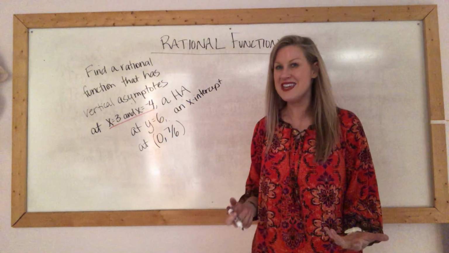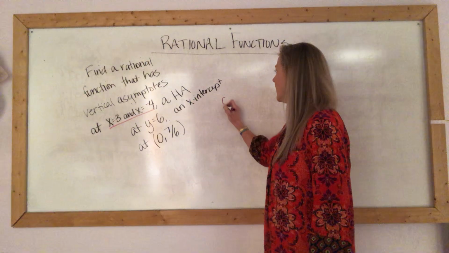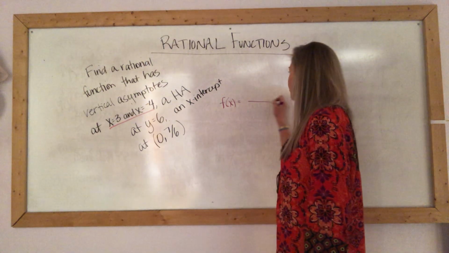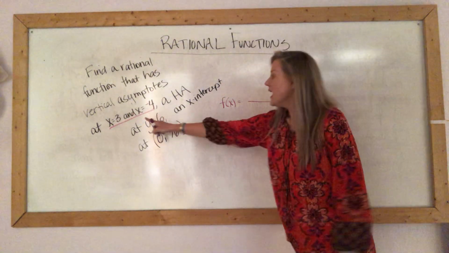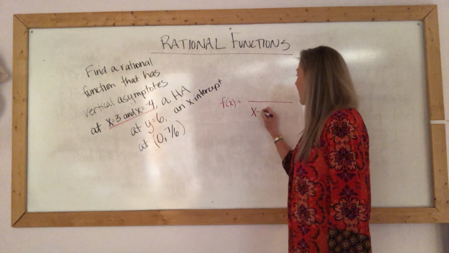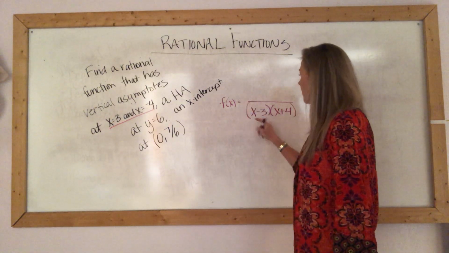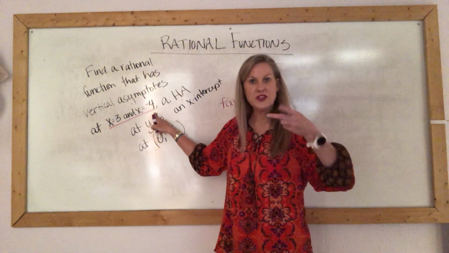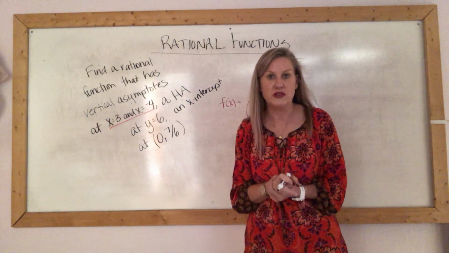This is actually the easiest part to find. I will name mine f of x, very original. It's a rational function, so it has to have a numerator and a denominator. And I know that I can pop those values with a changed sign into parentheses on the bottom, and poof, I have my vertical asymptotes.